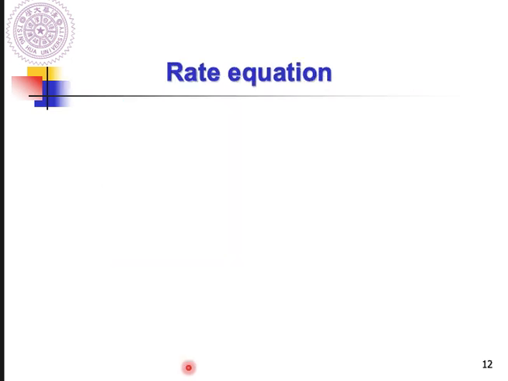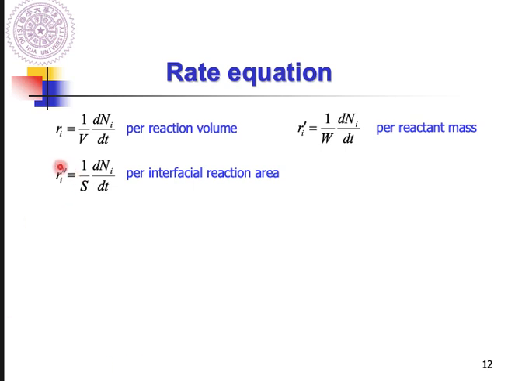Okay, so let's move to, we want to talk more about the rate equations. Because we are dealing with different types of chemical equations, there are different units for the rate equation shown here. So here the R_i is the consumption rate of, if we assume i is a reactant, consumption rate of reactants per reaction volume.